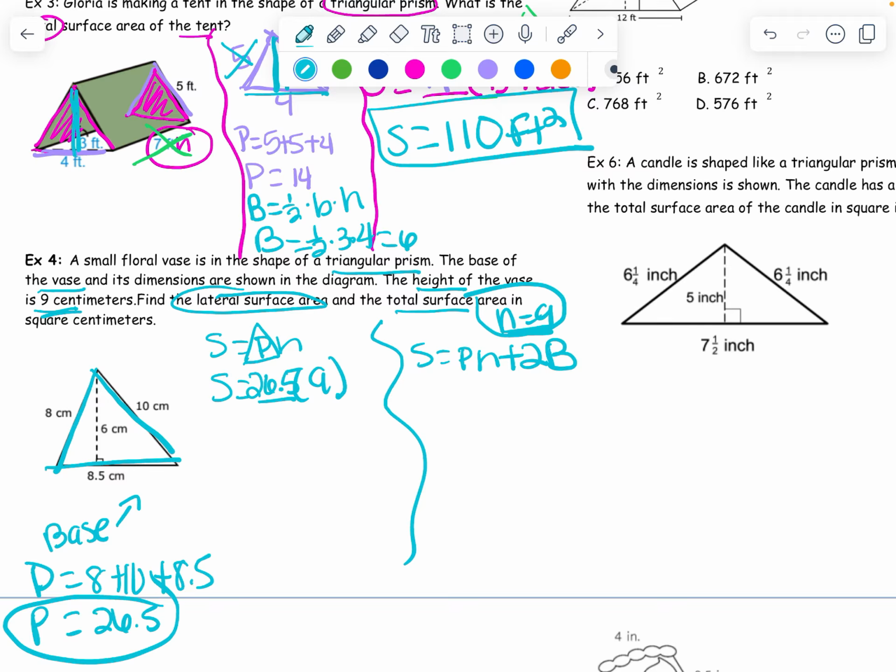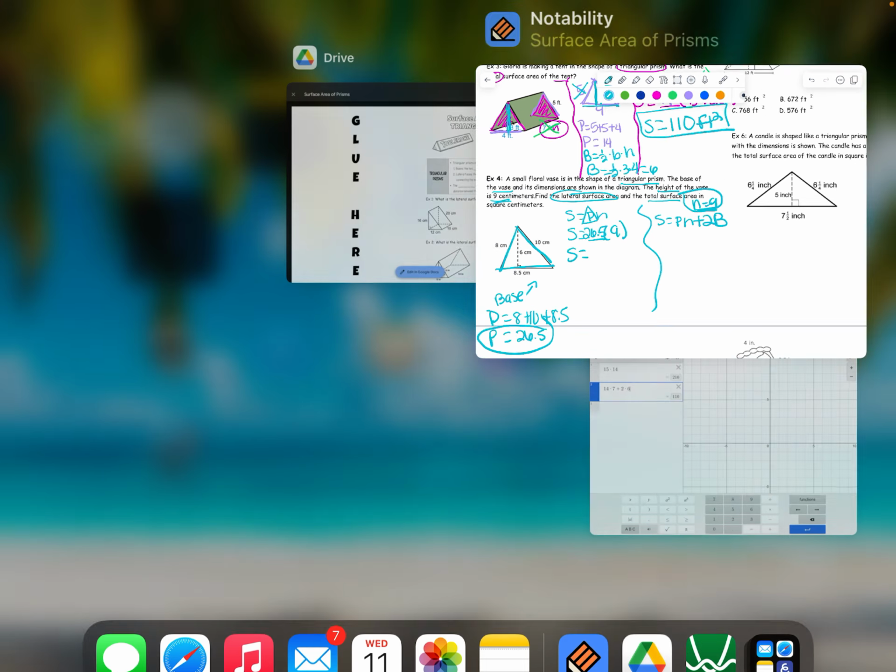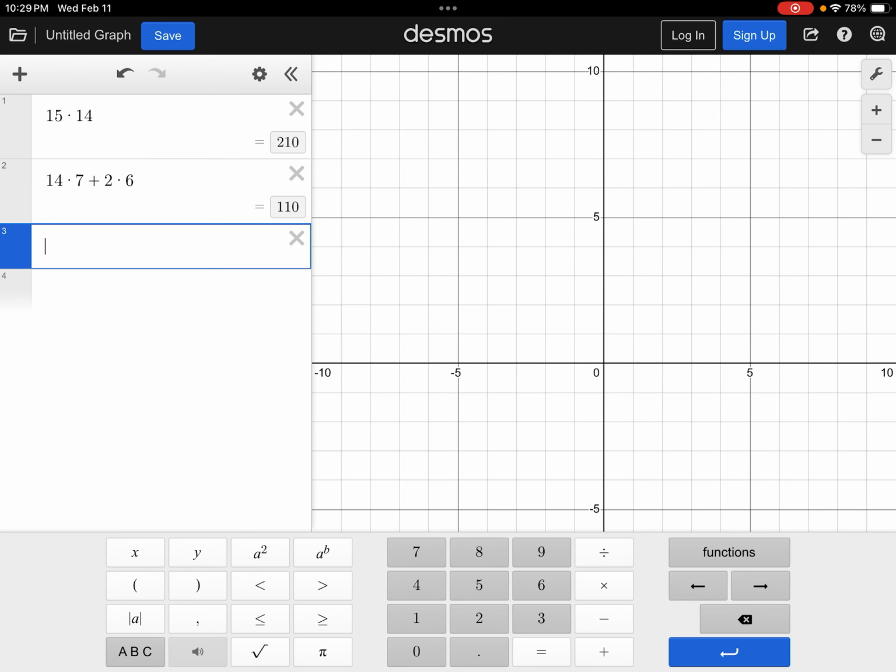Okay, so once I have it there, all I have to do is multiply. 26.5 times 9. Oh, not 9, sorry, 10. Oh, it is 9. Times 9.